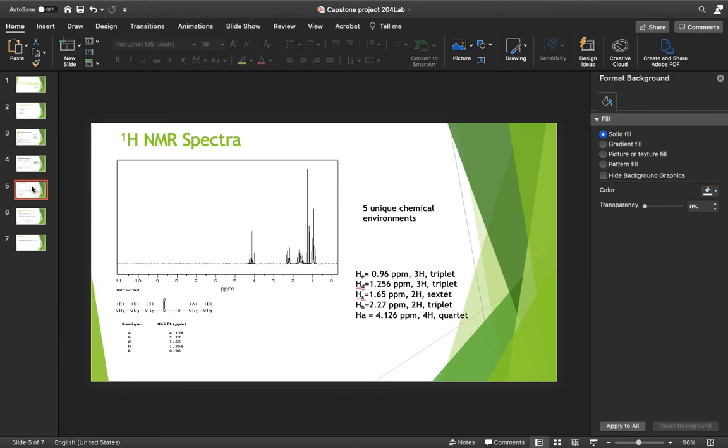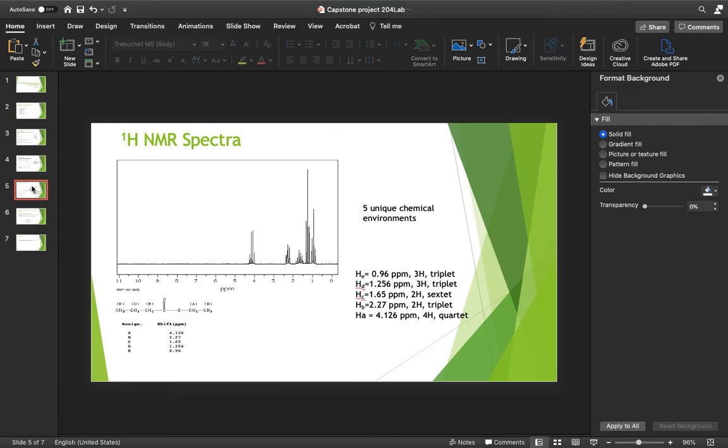The next peak also integrates to 3H, 3 hydrogens. It's also a triplet, so it's bonded to a CH2 group, and it's located at 1.256 parts per million. So this also suggests it's probably a methyl group at the end of the molecule.